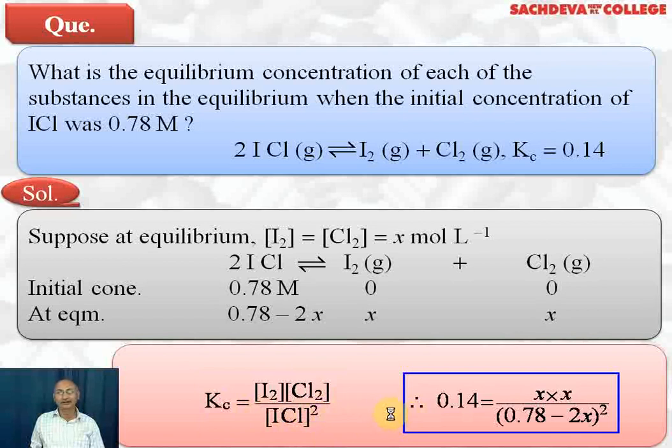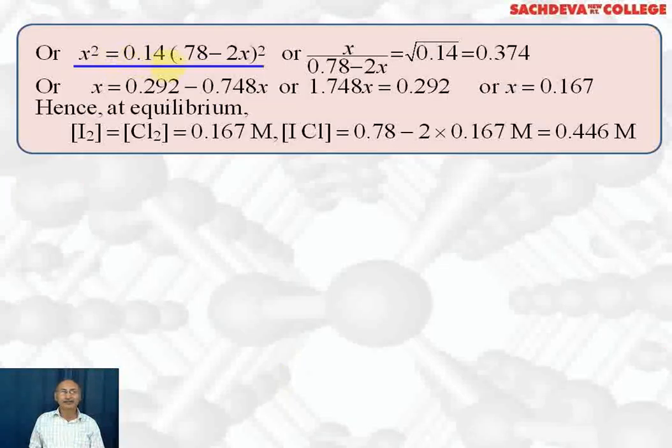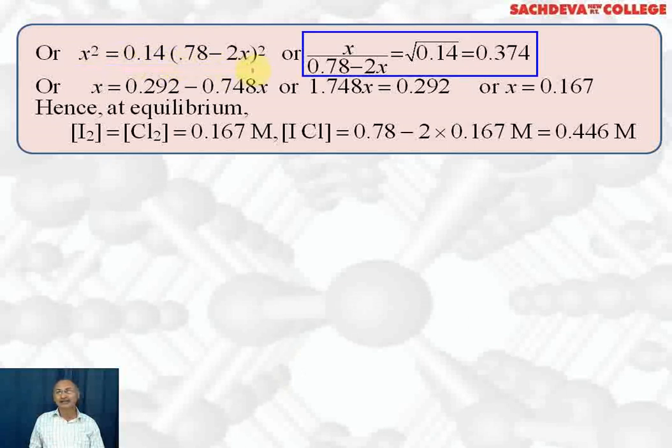x square is equal to 0.14 into (0.78 minus 2x) whole square, or x over (0.78 minus 2x), taking the square root of this term, is equal to the square root of 0.14. The square root of 0.14 is 0.374.